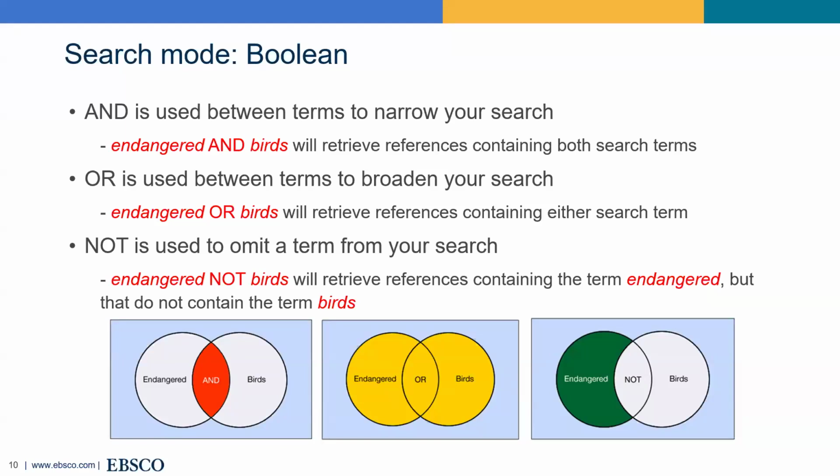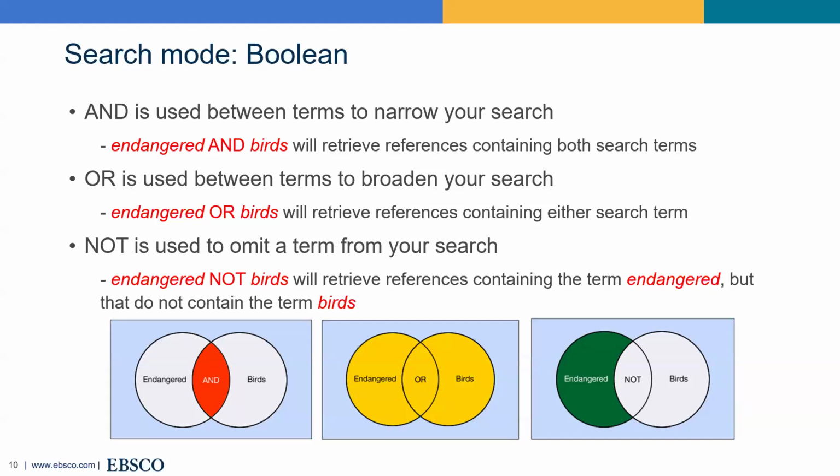The Boolean operator or is used between terms to broaden your search. So if I ask the database to give me articles about endangered or birds, I'm going to retrieve every single article in the database about endangered, as well as every single article about birds. And that's illustrated for you in the infographic at the bottom of your screen in the yellow.